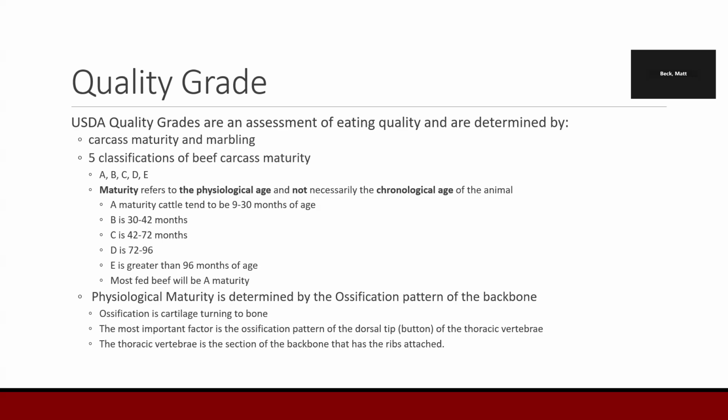As animals age, some cartilage gets converted to bone. So they're making that judgment based off the ossification pattern of the dorsal tip, so the button of the thoracic vertebrae. The thoracic vertebrae is the section of the backbone that has the ribs attached. Any questions? Pretty straightforward. Any of you meat people disagree with that?